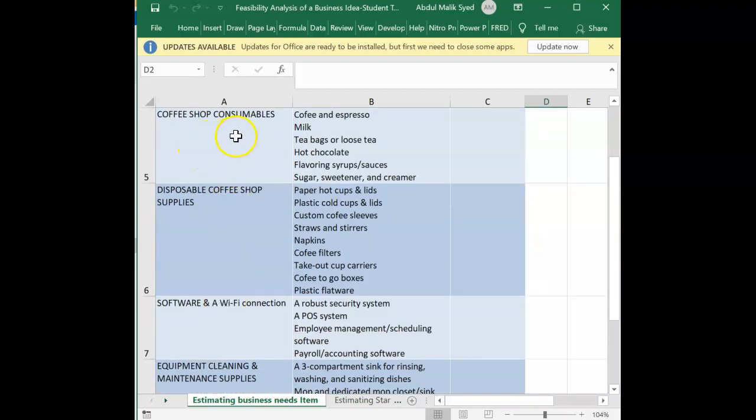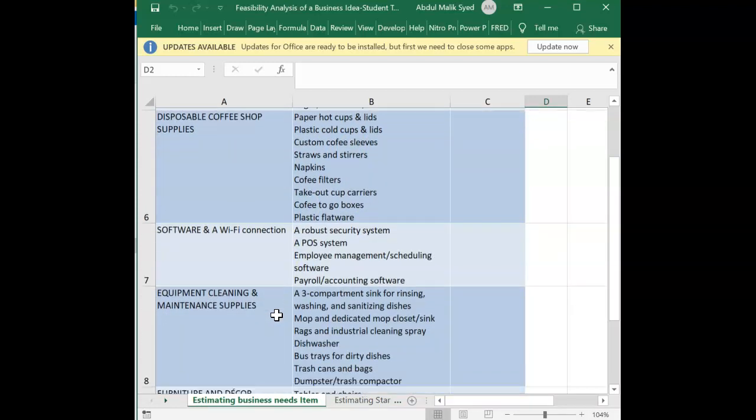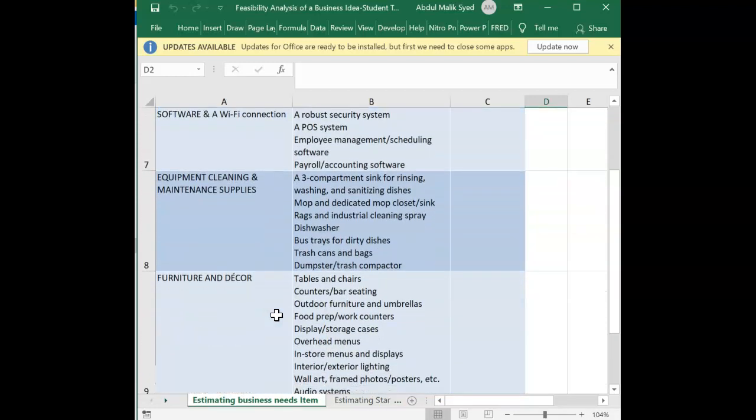Okay, coffee shop consumables, disposable coffee shop supplies, software and a Wi-Fi connection. When people come to my coffee shop, I need to have a free Wi-Fi connection for them so that they get a different kind of environment which is conducive for them to do their business talks or leisure talks. Okay.